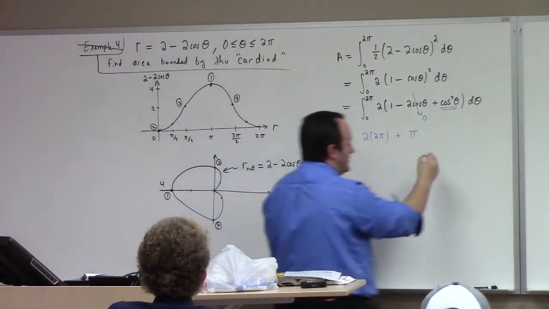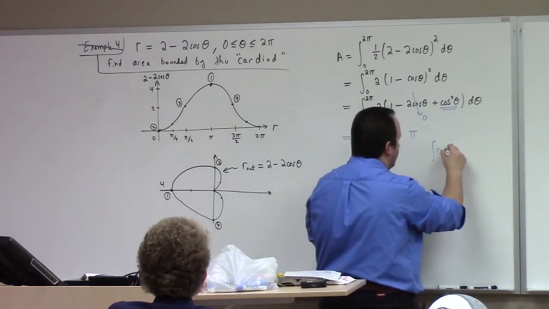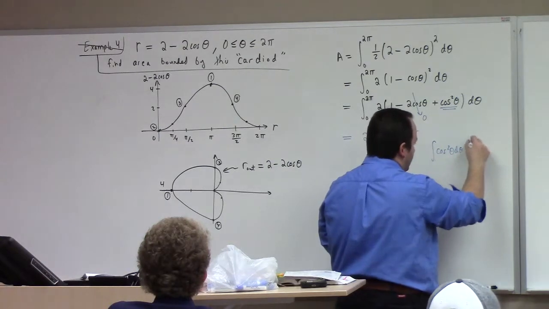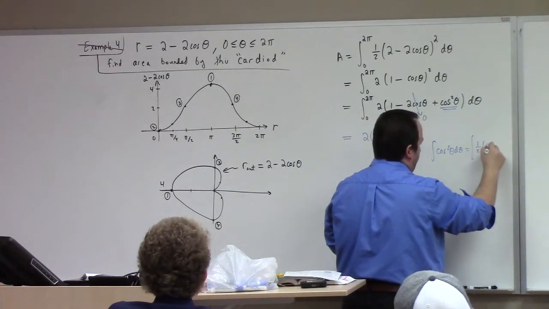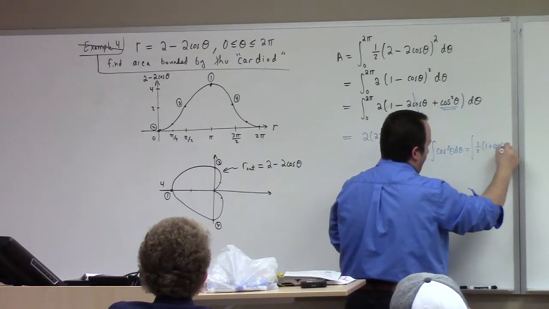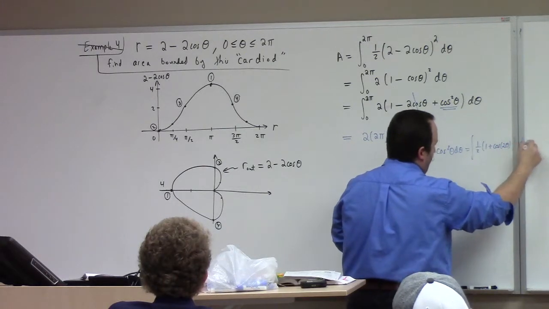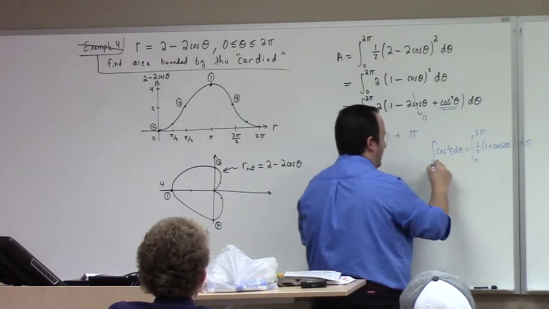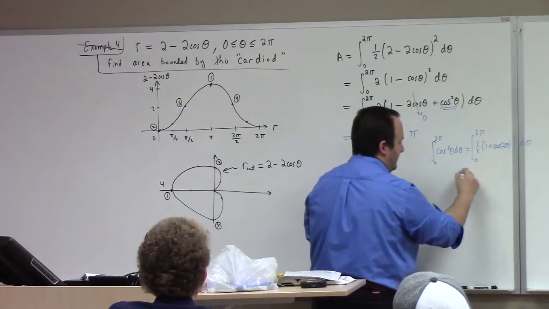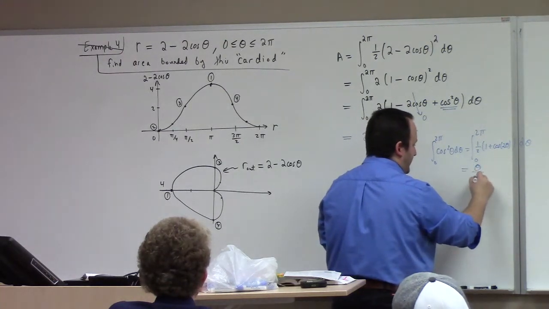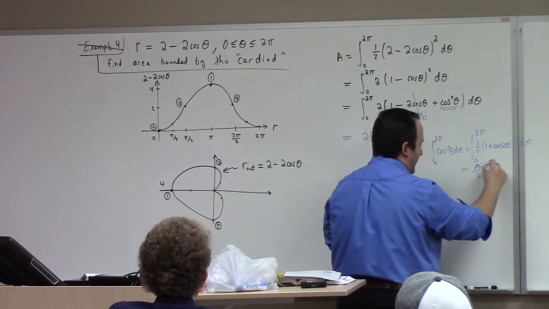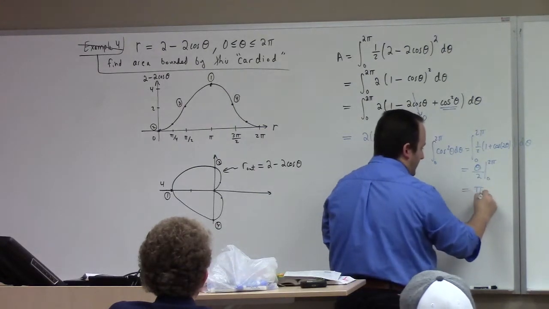If you don't like that, you could do the integral in gory detail. Here it is. It will work out to pi, I promise you. This is theta over 2, evaluated from 0 to 2 pi, which is pi.